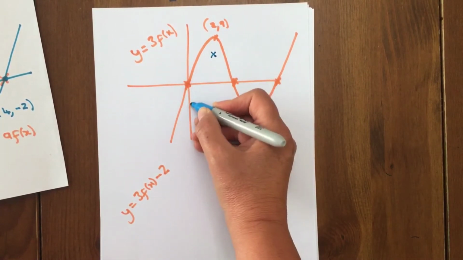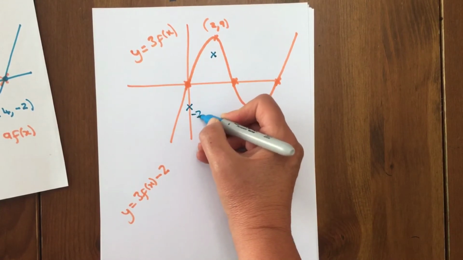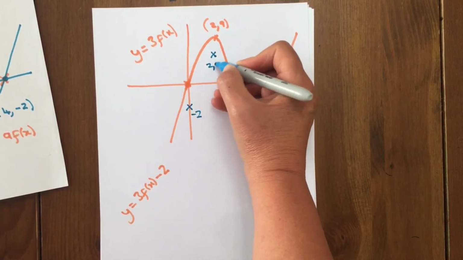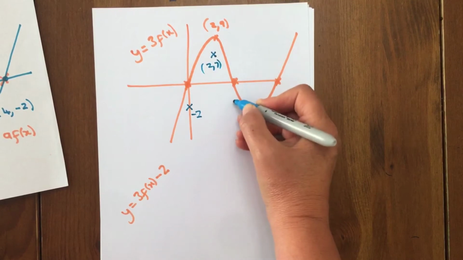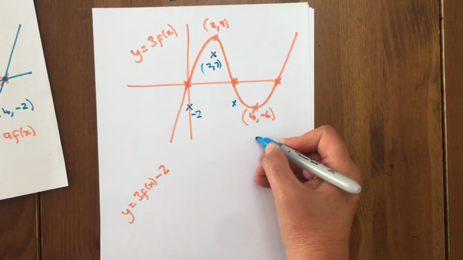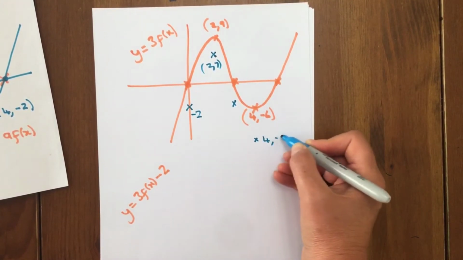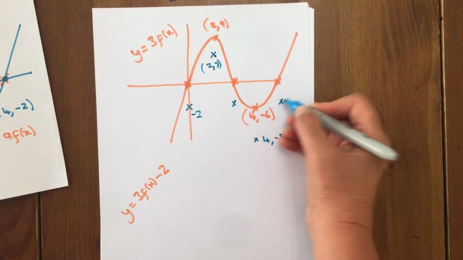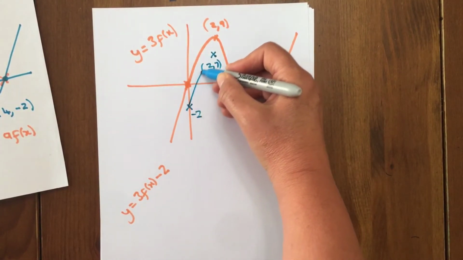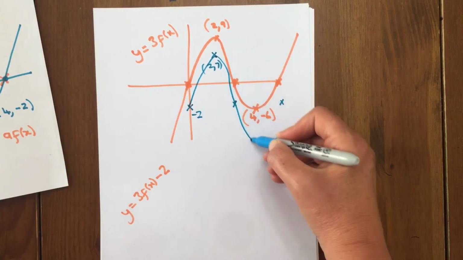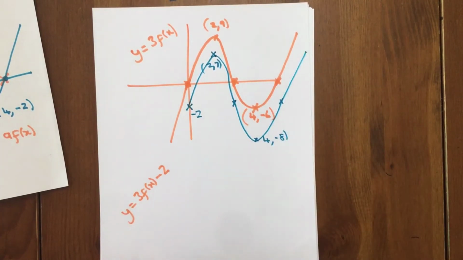This will go down by 2 to minus 2. So this was 2, 7. This will go down by 2. This will go down by 2 to 4 minus 8. And this will go down by 2. So my whole graph moves down by 2. So I get that picture.